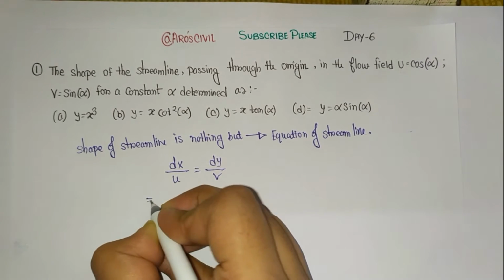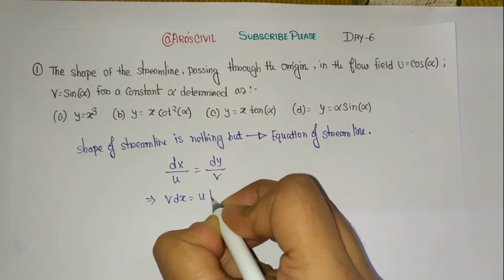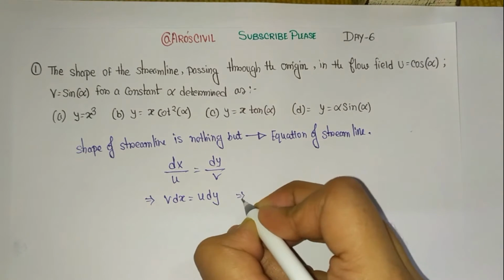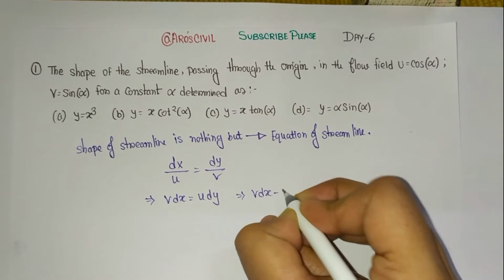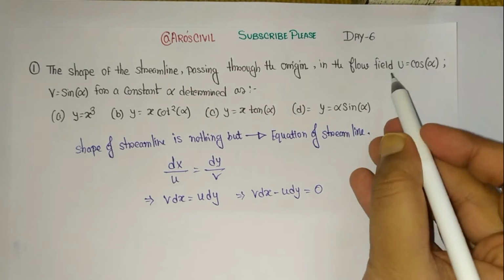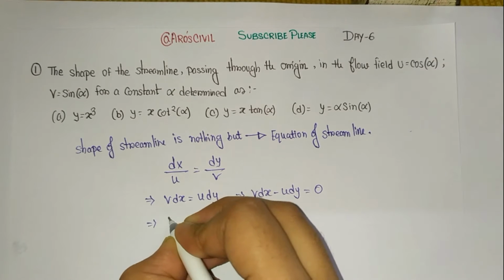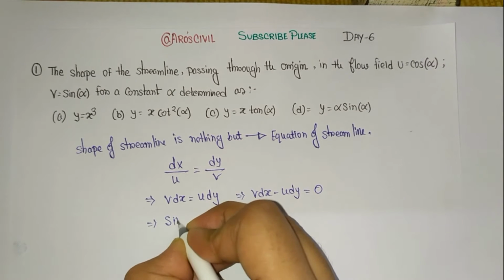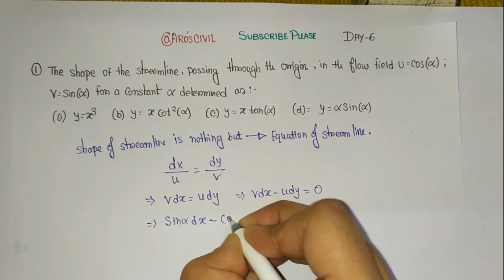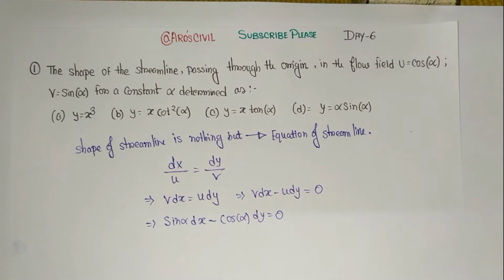Now we can write v dx equal to u dy, or v dx minus u dy equal to 0. If we put the values of u and v, it comes as sin alpha dx minus cos alpha dy equal to 0.